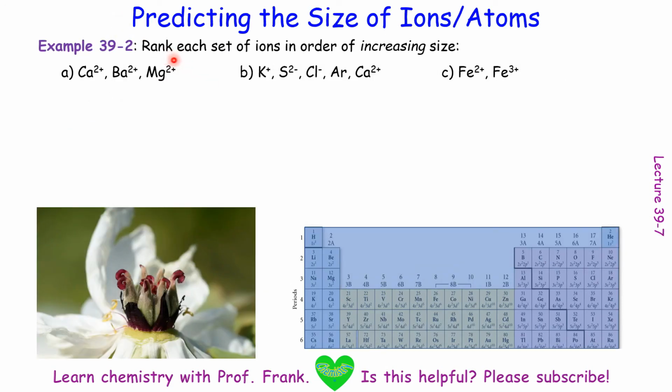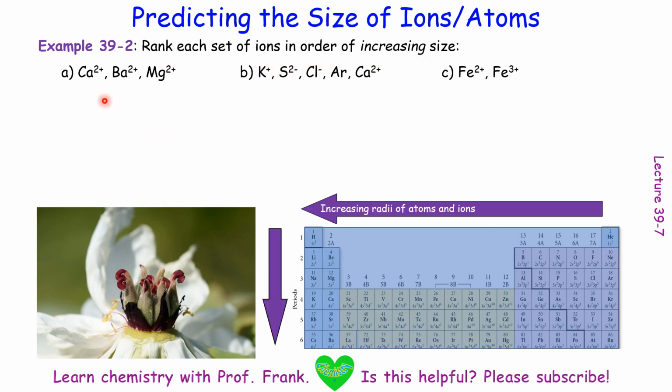Now let's rank each set of ions in order of increasing size. The first one, they are all 2+ ions, which means they are all in group 2A. So we just use this trend, that it increases that way.